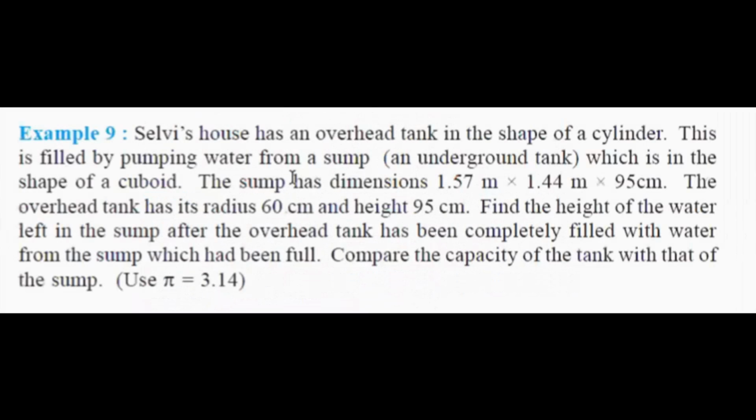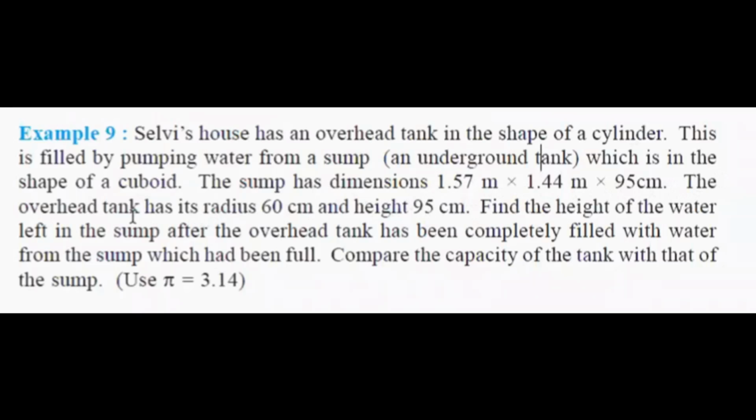And the next question is like this. This is a little bit longer one. Look here, Selvi's house has an overhead tank in the shape of a cylinder. And this is filled by pumping water from a sump. Sump is an underground tank, which is in the shape of a cuboid. The sump has dimensions 1.57 meter into 1.44 meter into 95 centimeter.